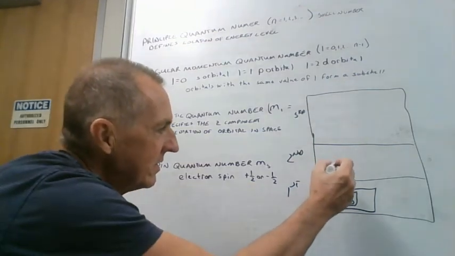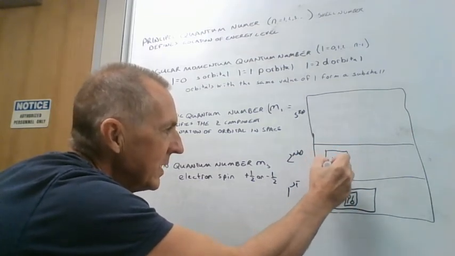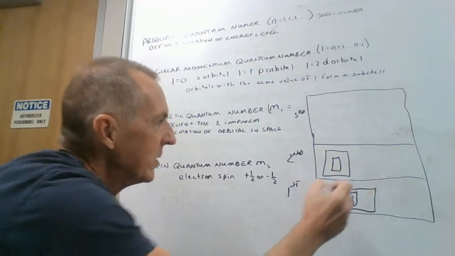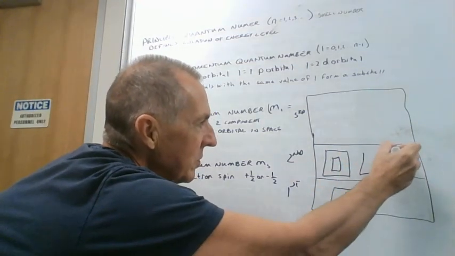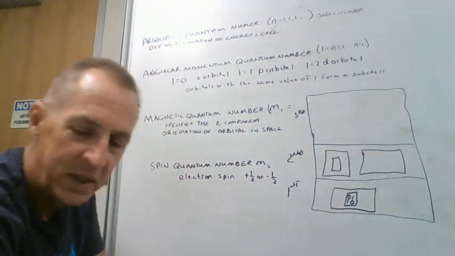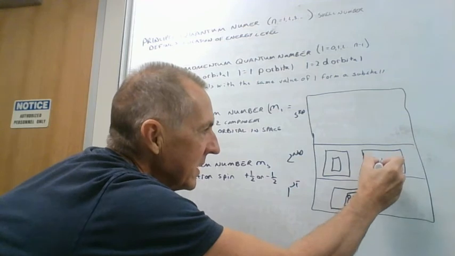Once we move up to the second floor, then we have 2 choices of rooms. We have this single room again, which is like our s orbital, and then we have a larger room, like a suite, but it's a 3-bedroom suite, so you have 3 different beds in there.